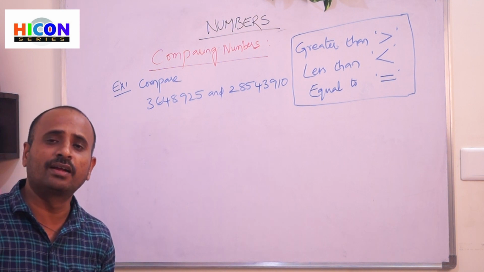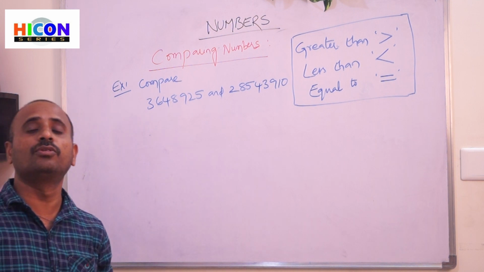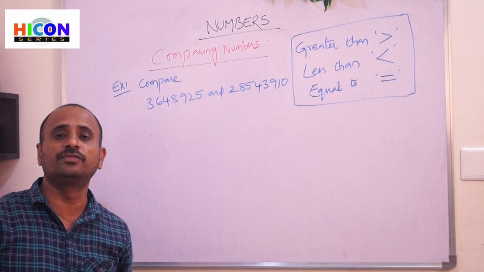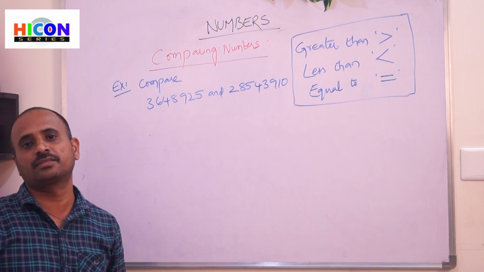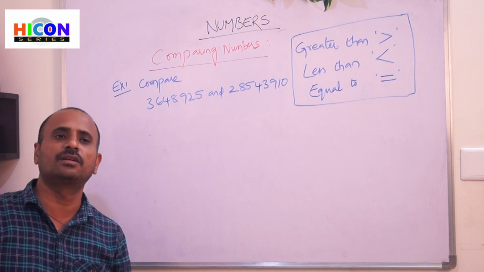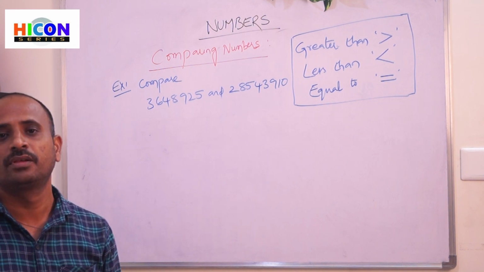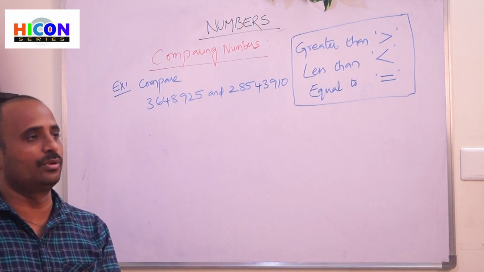So children, while comparing numbers, we have to follow some rules which we discussed in the previous classes, that is, in 4th class and 3rd class. So let us remember the rules.